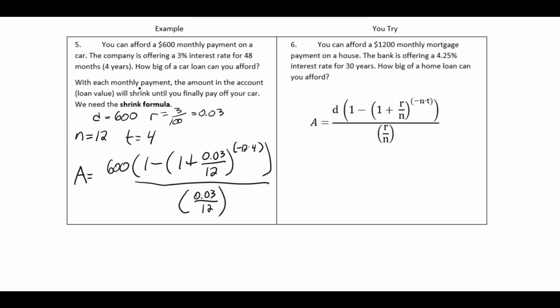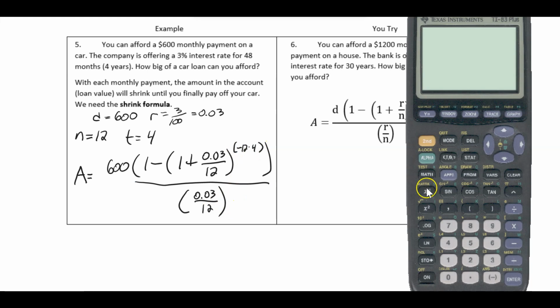Now it's just a matter of using your calculator. If you use the parentheses around the exponent, then regardless of which calculator you have, you should be able to just type this in from left to right, top to bottom.